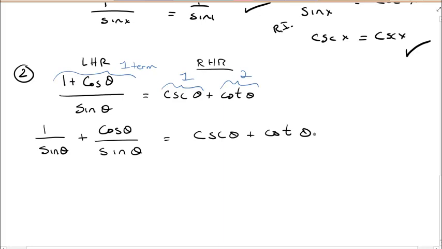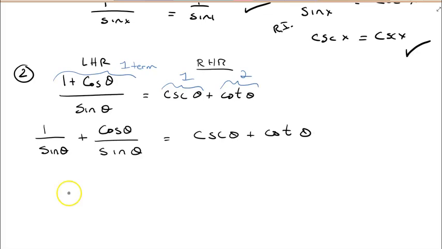All right, well, what do I know about, and again, you always have options. If you want to, you can go to the right-hand side and turn everything into sines and cosines. Or you can go to the left-hand side and turn them into not cosines and sines. You have different methods of going about doing this.